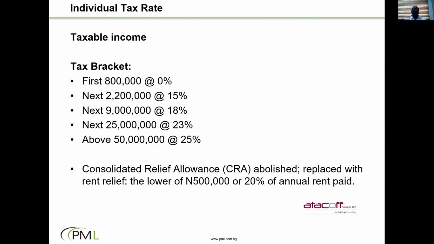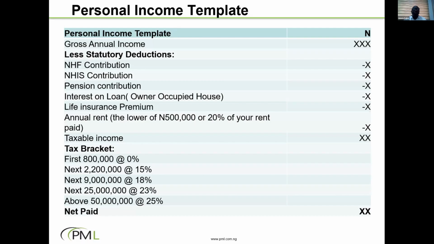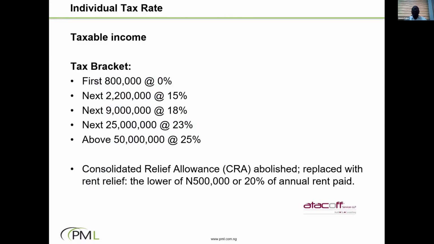This is the new tax rate, the new tax table. And part of what has also happened is that all the consolidated reliefs of those days are gone. We no longer have those consolidated reliefs and so on. They are gone. We just have rent relief allowance.